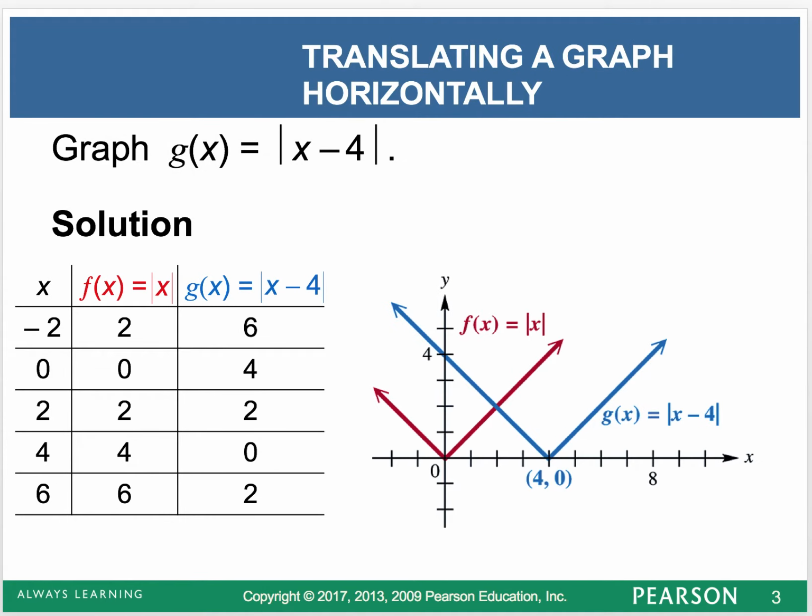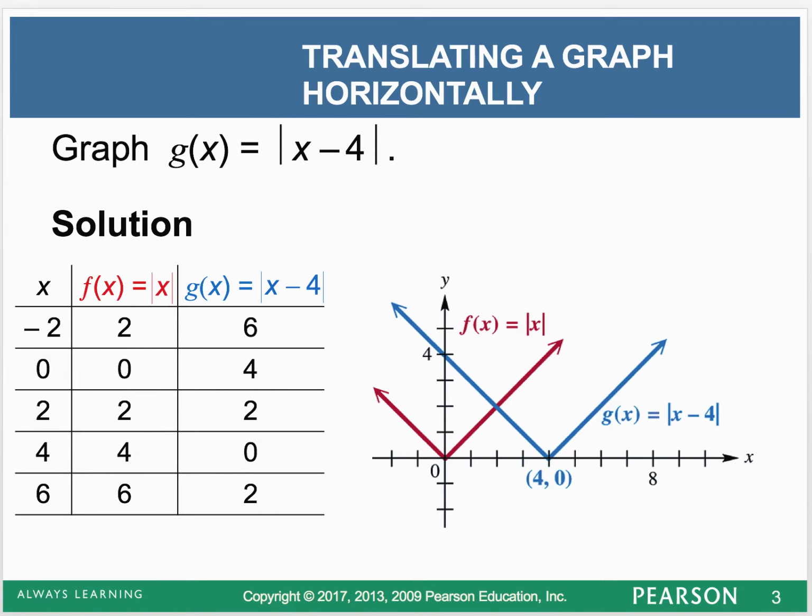The horizontal translation comes into effect whenever the number is added or subtracted inside your operation. Anything that's inside the operation, inside the absolute value bars, inside the square root, right?